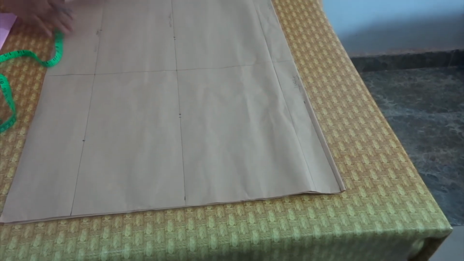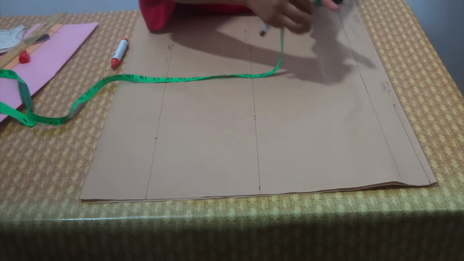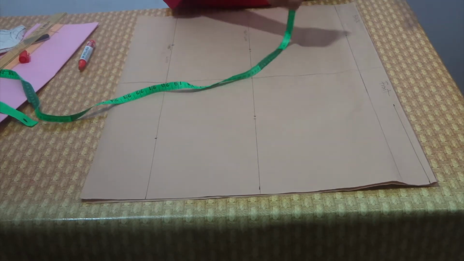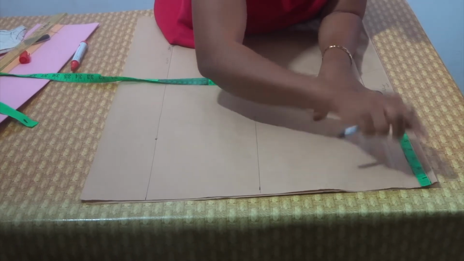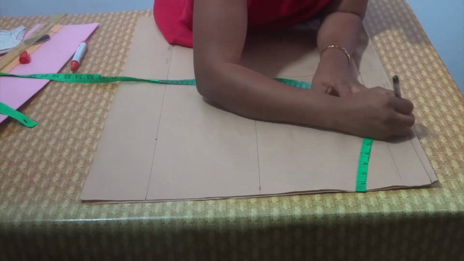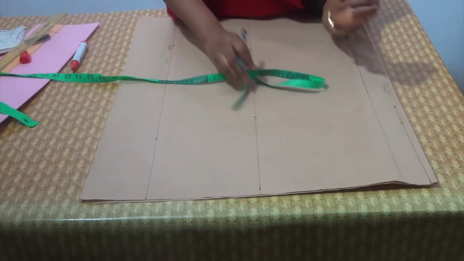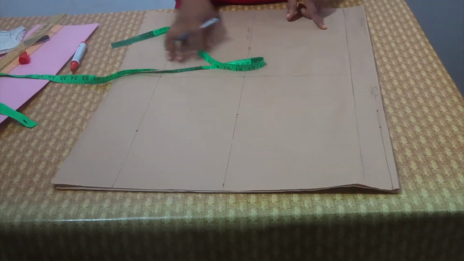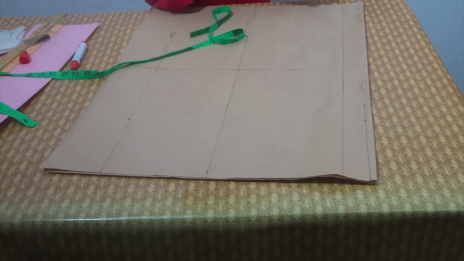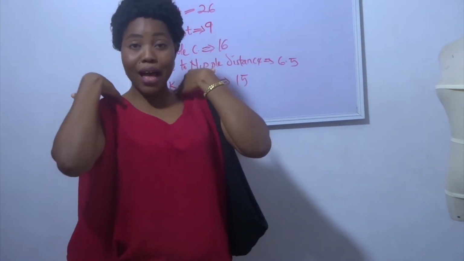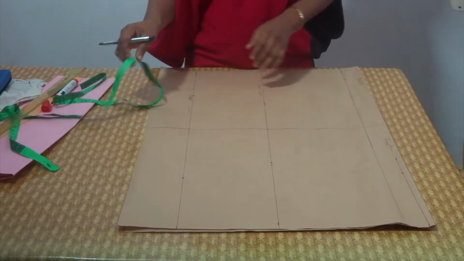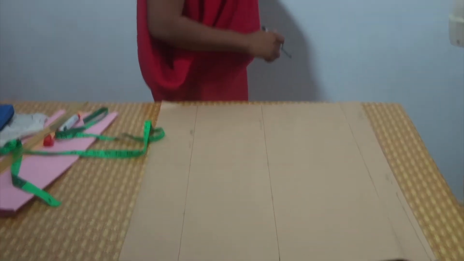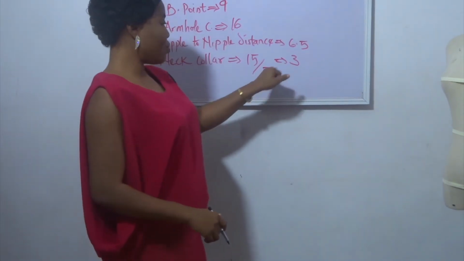Now, to know our neck, you measure the same 7, the shoulder width, which was 14 divided by 2. So this is 7. Now, our neck collar is 15. To know how it is distributed between the back and the front, divide 15 by 5, which is 3 inches.